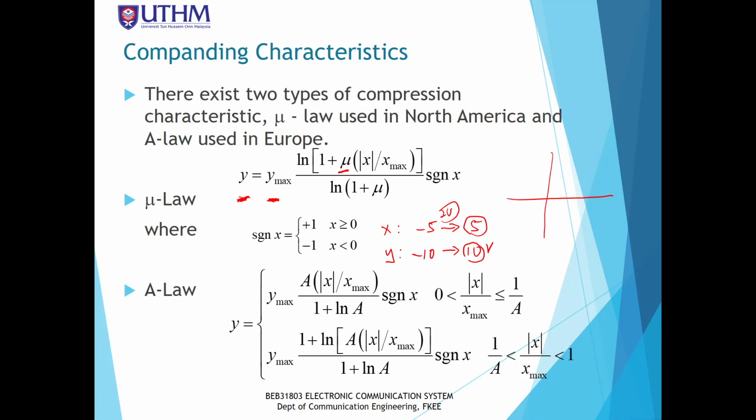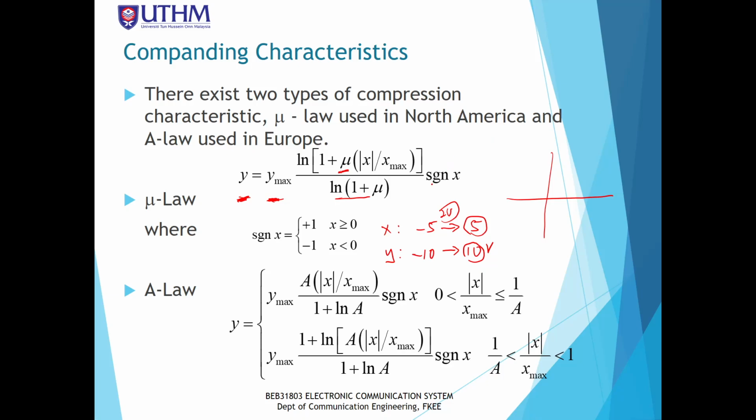So the output from this compander is Y max multiplied by ln in bracket 1 plus mu times modulus of X divided by maximum X, and then divided by ln 1 plus mu.